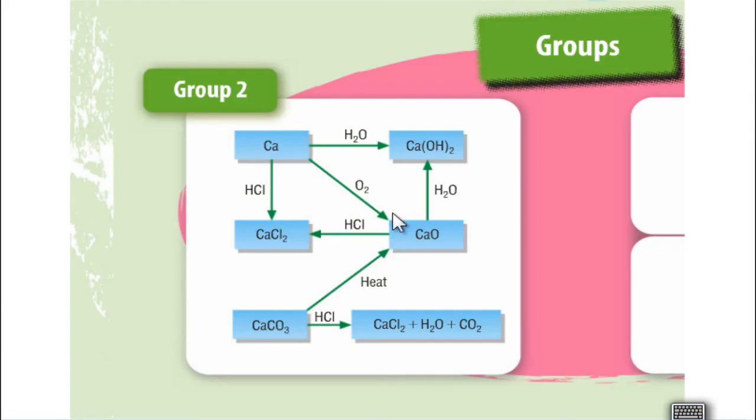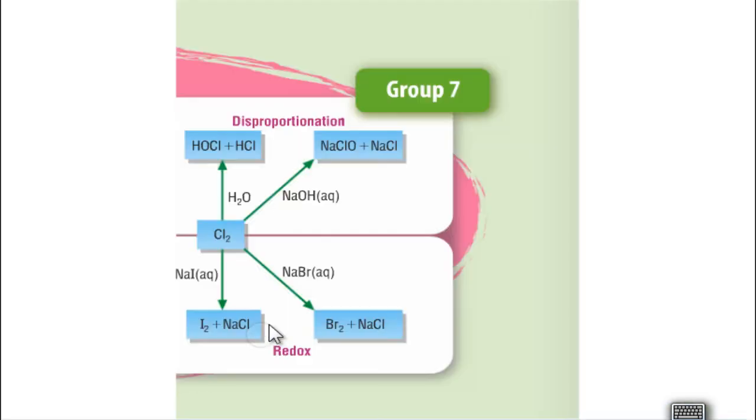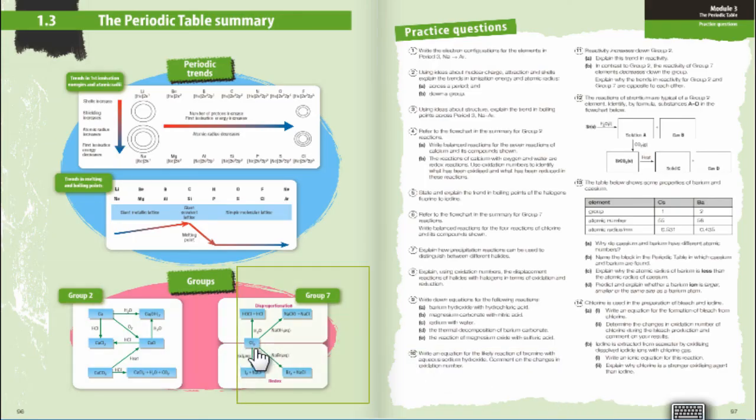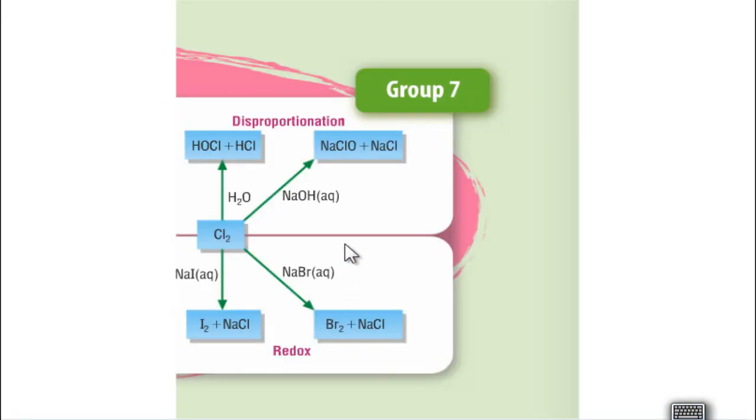Now, these are the two group summaries that were on the previous 2 pages, and this is a summary of disproportionation. This might be useful for your notes.